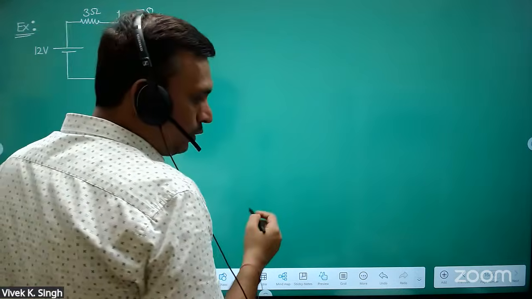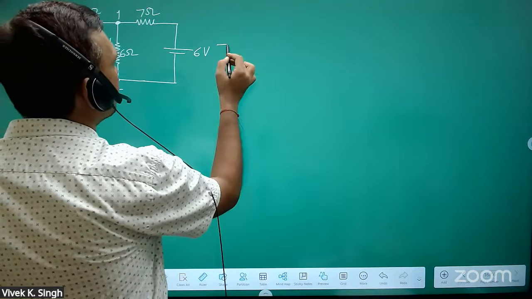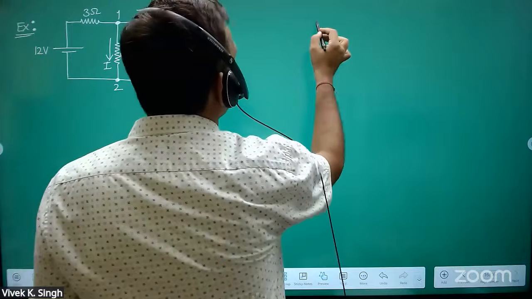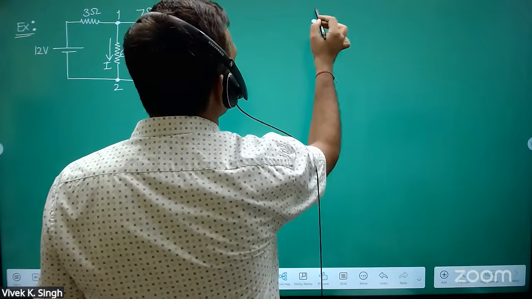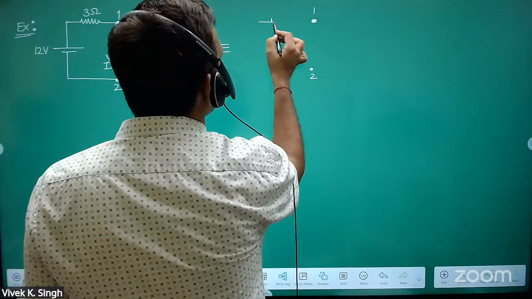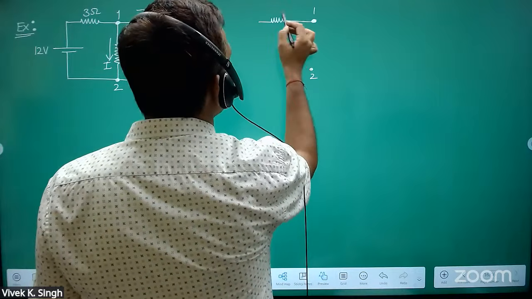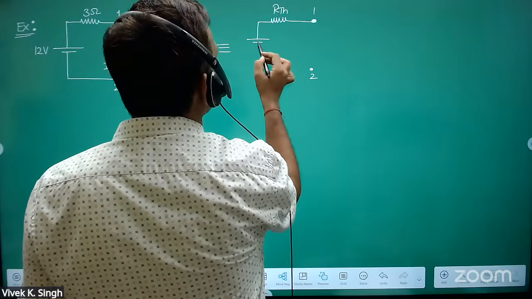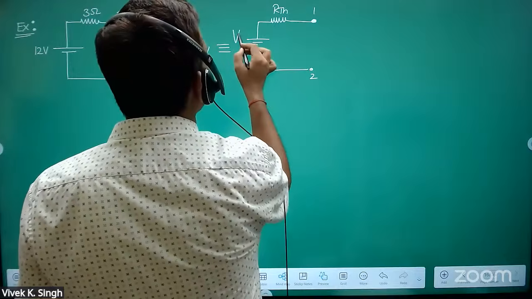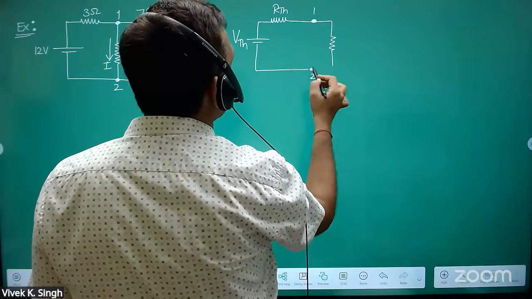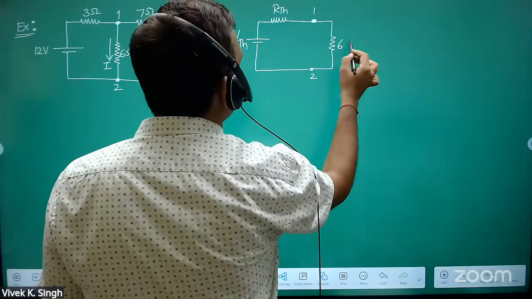So according to Thevenin's theorem, what will be equivalent? These are the two terminals. Let's show the terminals first, terminal 1 and terminal 2. The equivalent is a series resistance RTH and a voltage source VTH, and then you connect the load resistance.